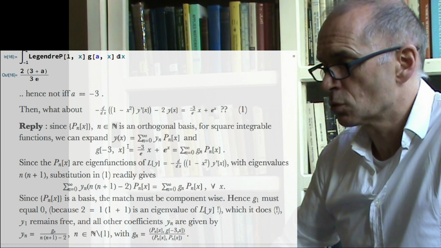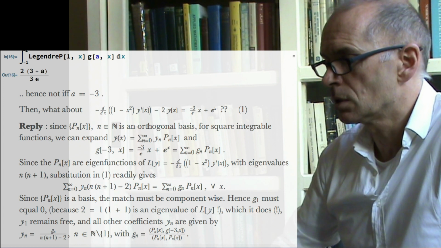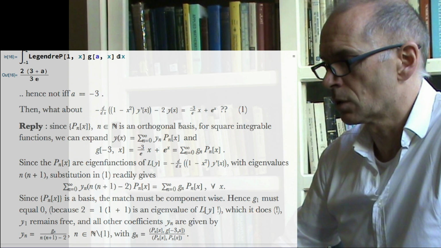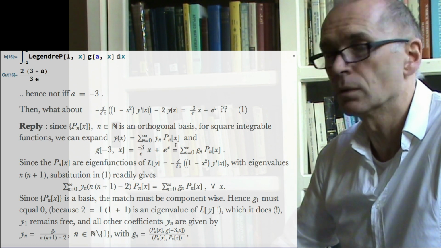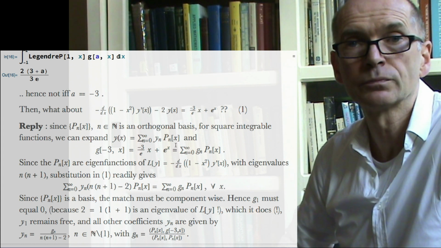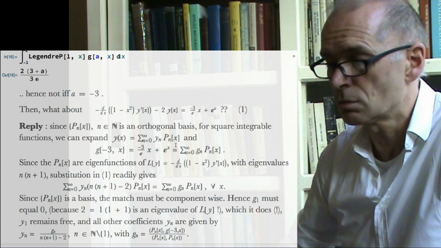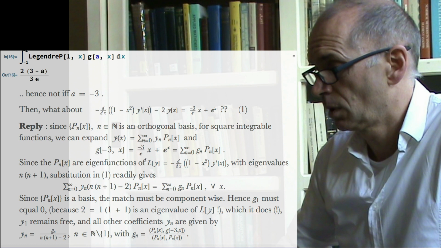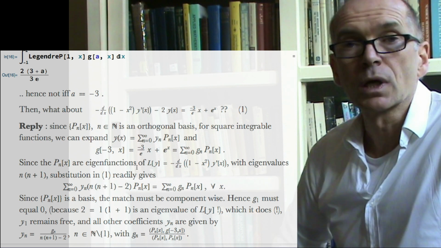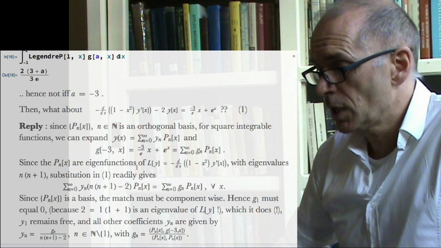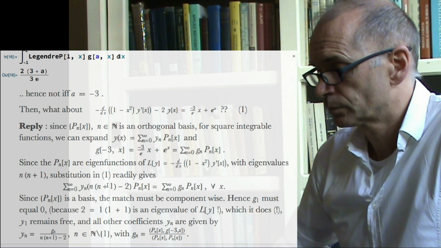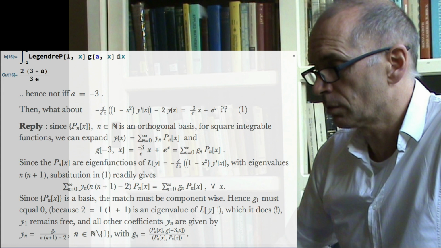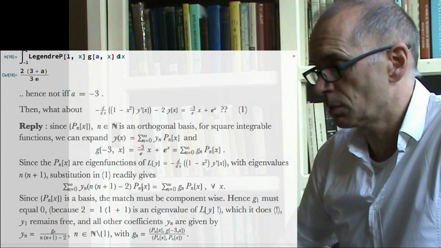See, if I substitute a linear combination into a linear operator, I get the same linear combination with the linear operator operating on the components. So it is linear, so the scaling factor yn just remains a scaling factor, and otherwise you get the eigenvalue, which is the result of the linear operator acting on the Pn, times the Pn.